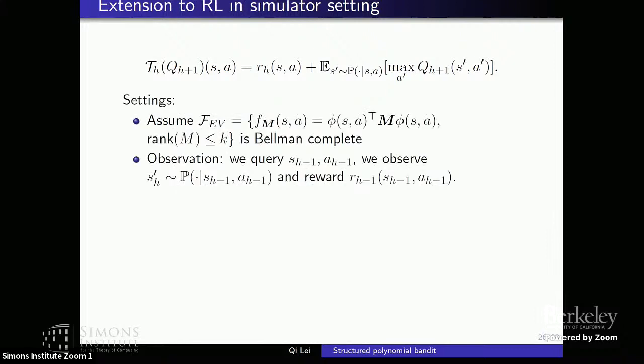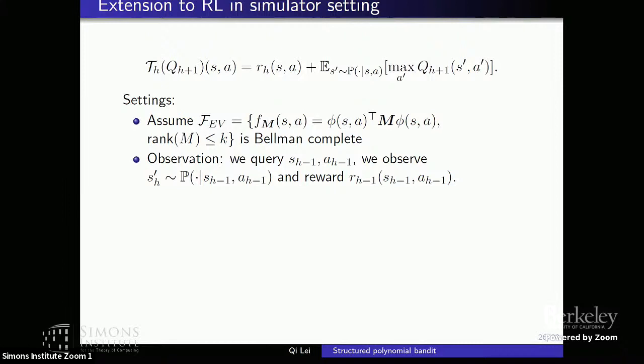We are looking at the following setting, where we exemplify the result with the eigenvector case, but for other types of polynomials, it also applies here. We assume that the function is a quadratic function of a low-rank matrix M, and it is Bellman complete, meaning that with the Bellman equation, it is closed.